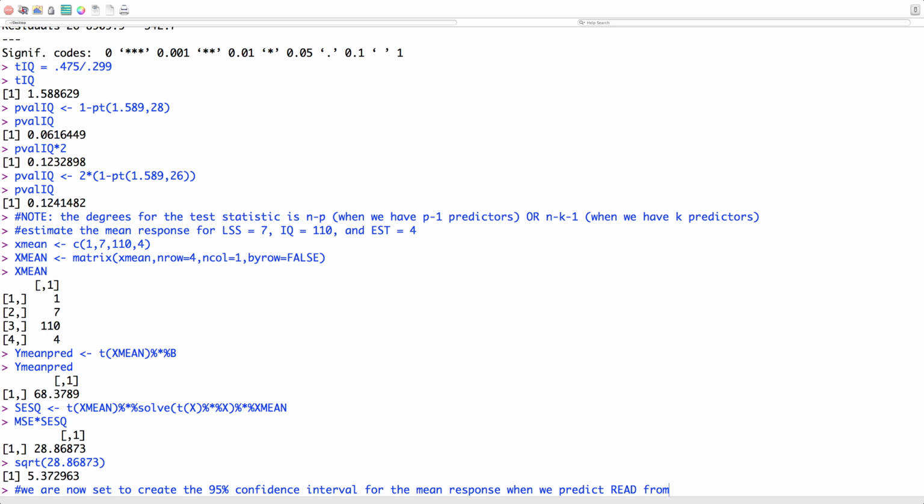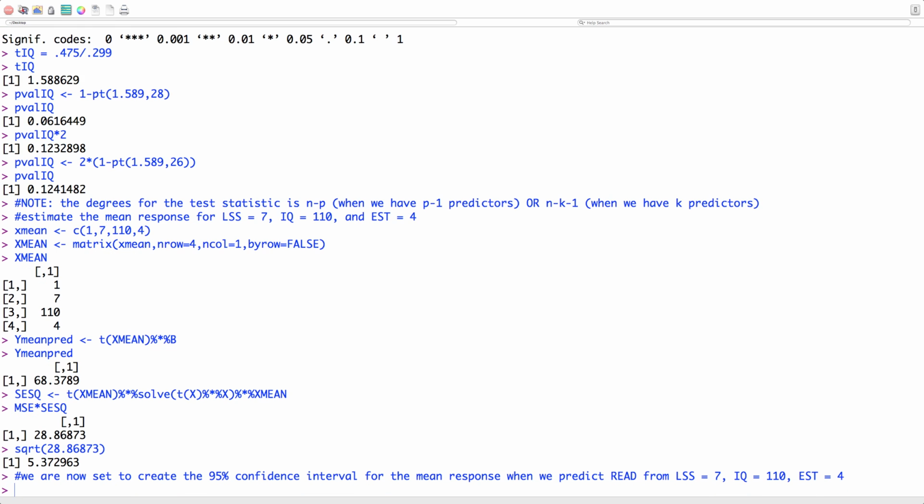when we predict reading level for LSS equal to 7, IQ equal 110, and EST equal 4. Okay, so let's do this. Now guys, remember, what do we do in a confidence interval?